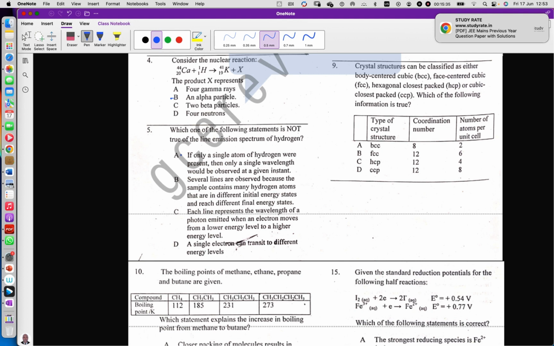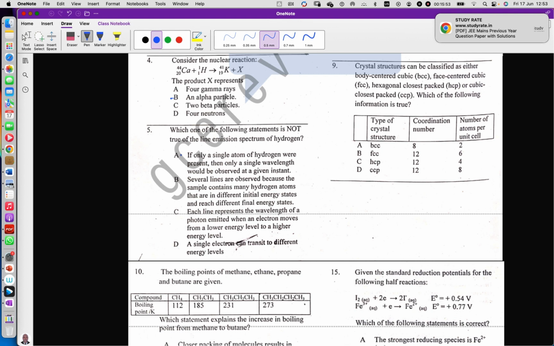C. Each line represents the wavelength of a photon emitted when an electron moves from a lower energy level to a higher energy level.